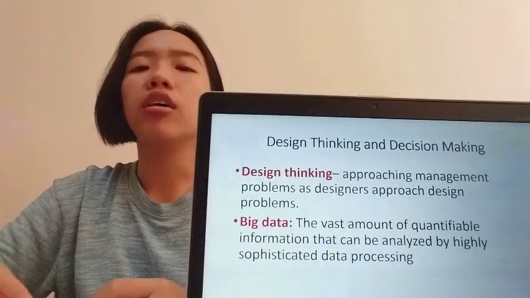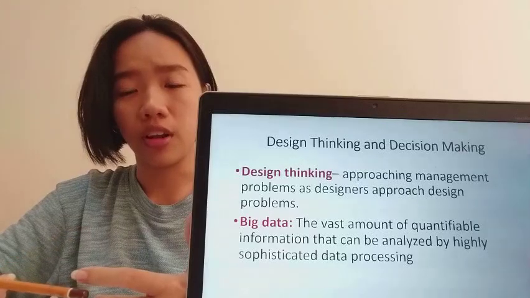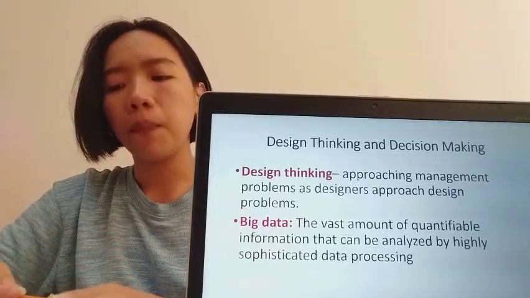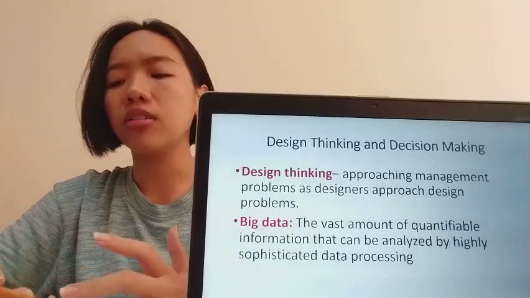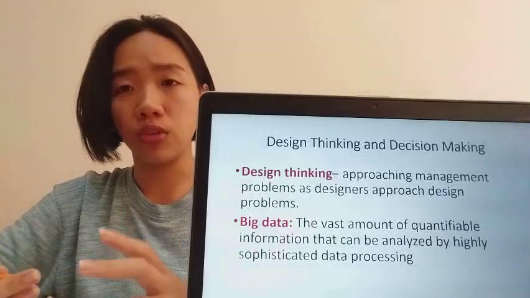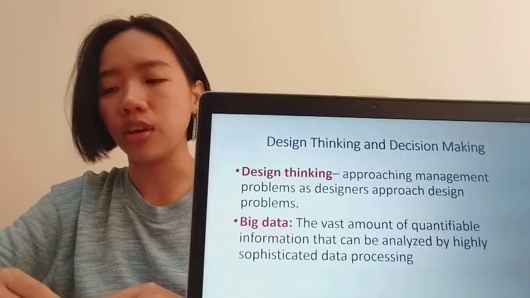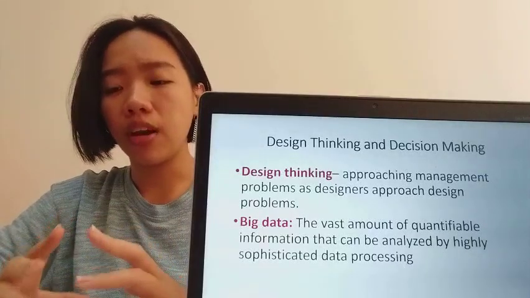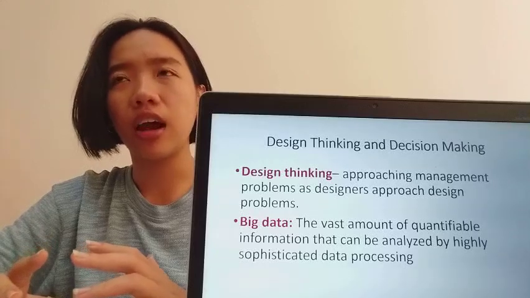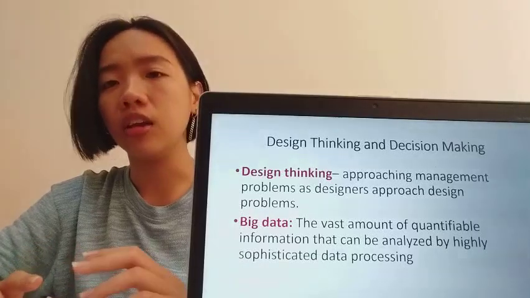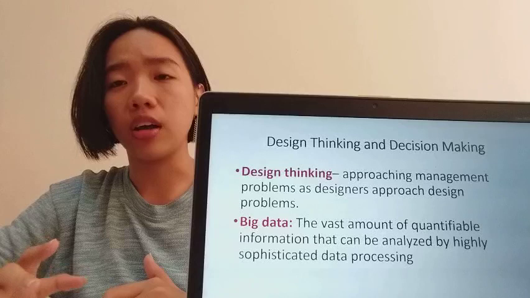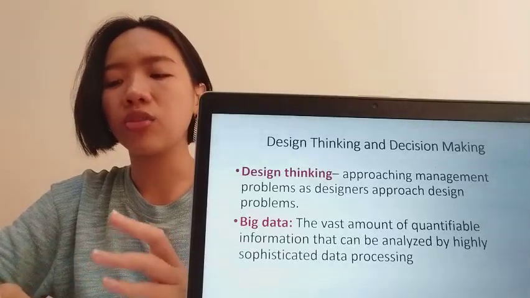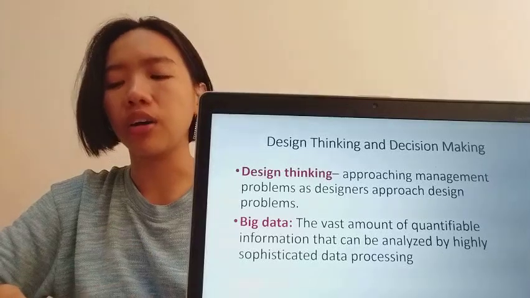Big data is vast and can be sophisticated, and it is a very useful tool for managers to make decisions. But since it's big data, it's complicated and you have to know which data is right to use. So it has to be tempered by good judgment.